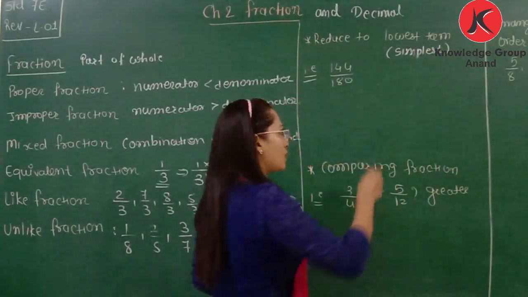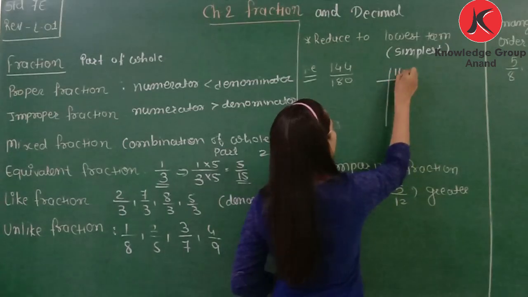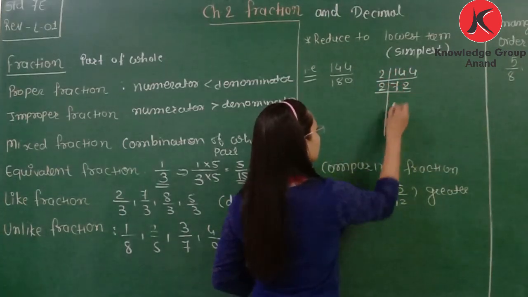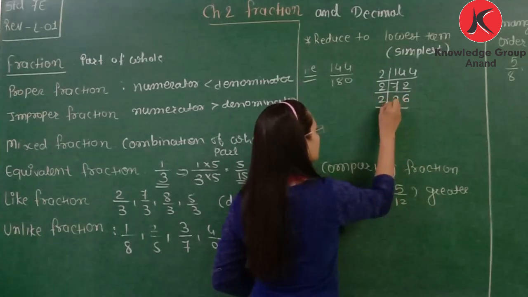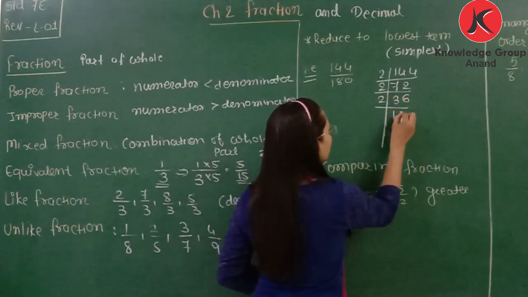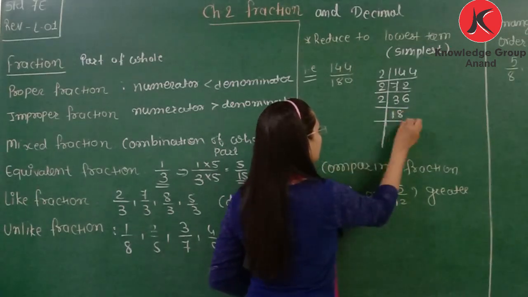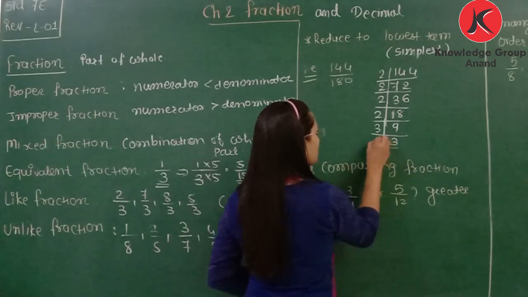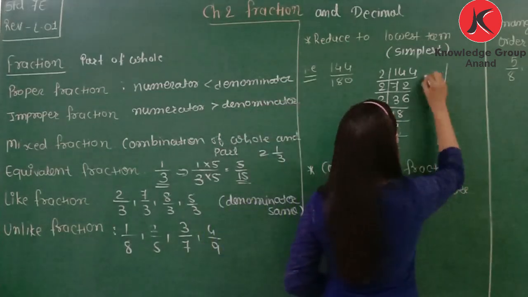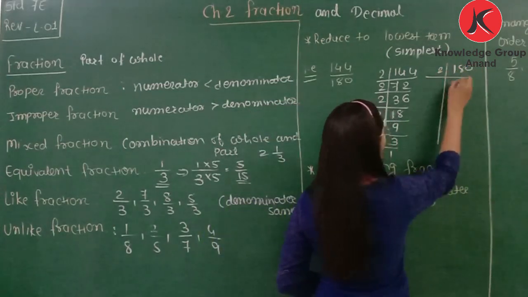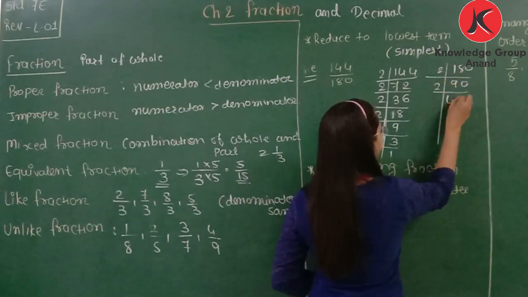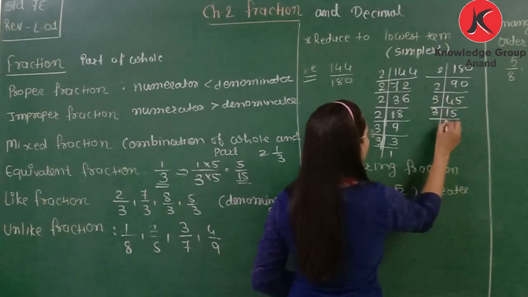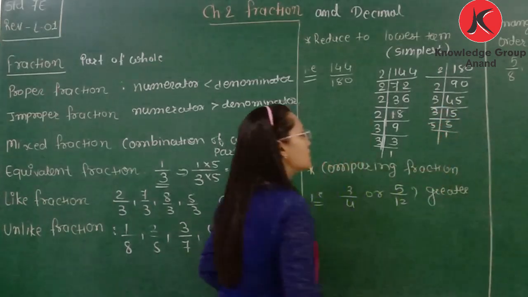Okay. So let's find the factors of 144. So this 72, 36, then 18, 9, 3. So these are the factors of 144, and then 180. So 90, 45, 15, 3 3s are 9, 5. Clear?